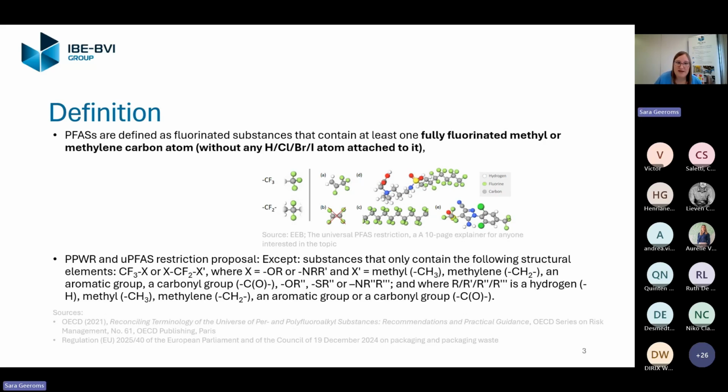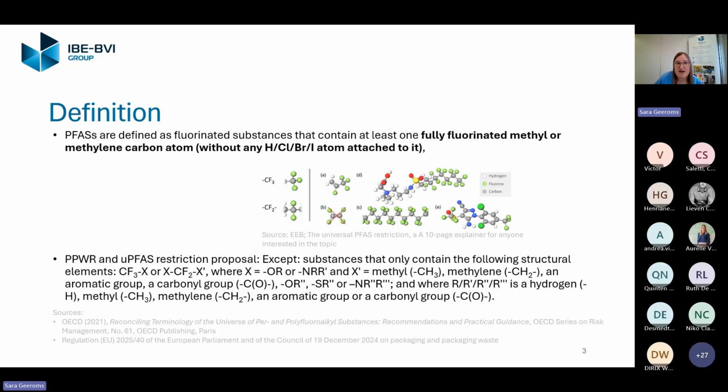For regulatory and analytical purposes, a good definition of the group is needed. Currently, the most accepted definition is the one proposed by the OECD in 2021. This one is also the basis for the definition used in the PPWR and in the REACH restriction proposal.